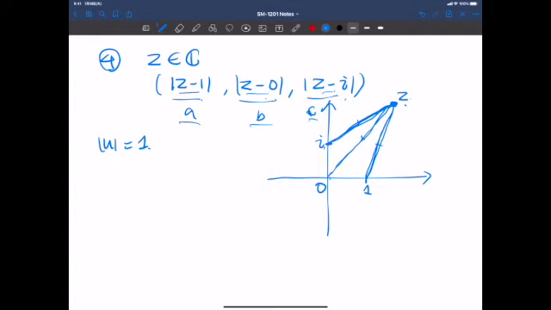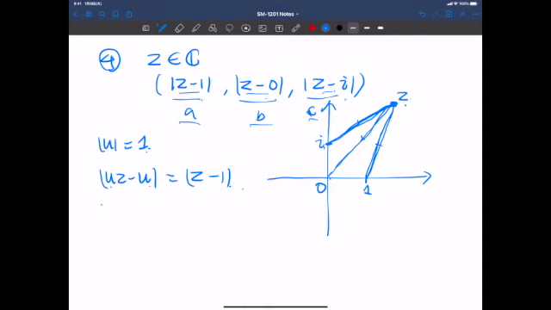Then, as we have seen, |uz - u| is |z - 1|, because if you factorize u and the modulus of u is 1, this equality holds.